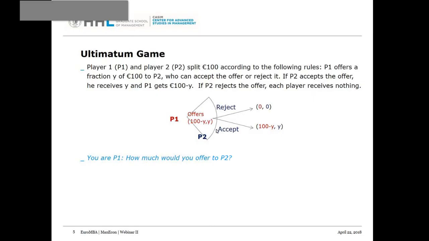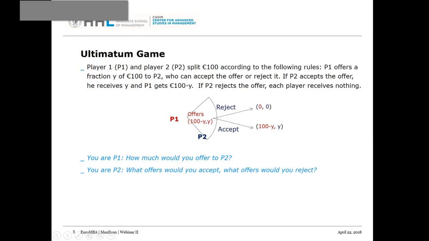What we get here is the situation that actually it's not true that people would accept any offer, like any euro you get. Some people would only accept the offers that are very high, that give them a big share.